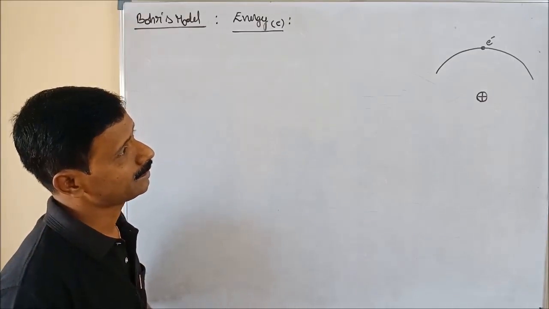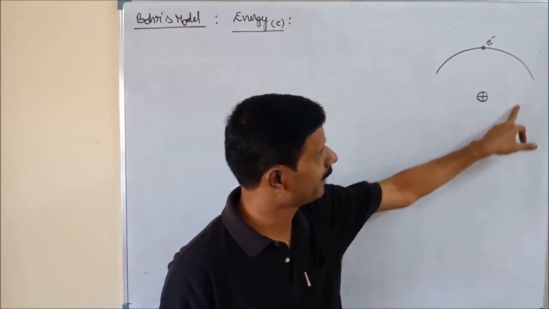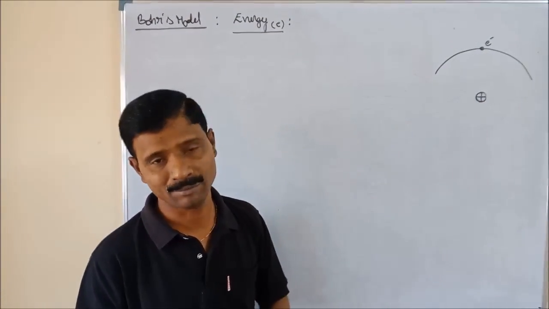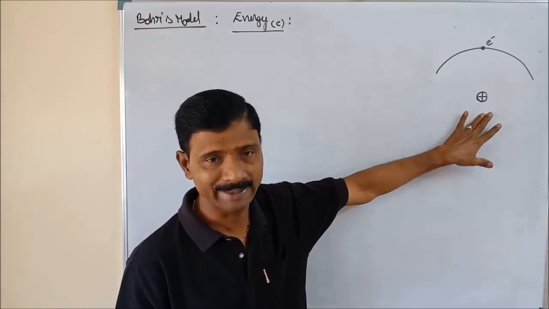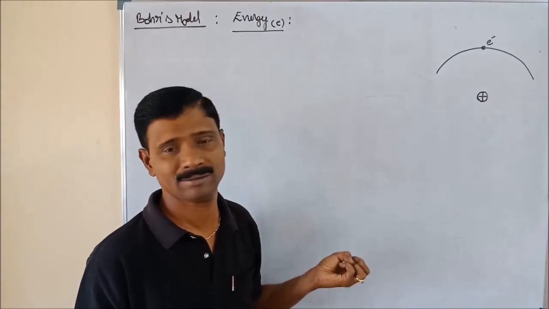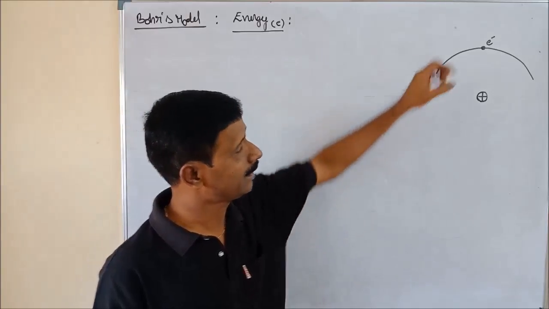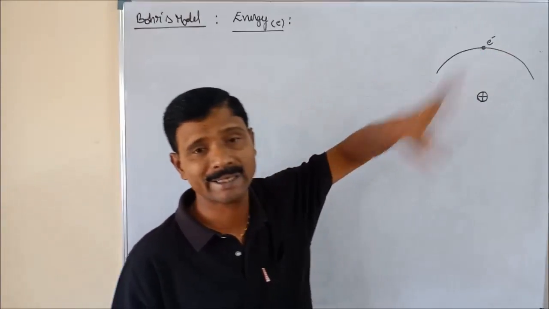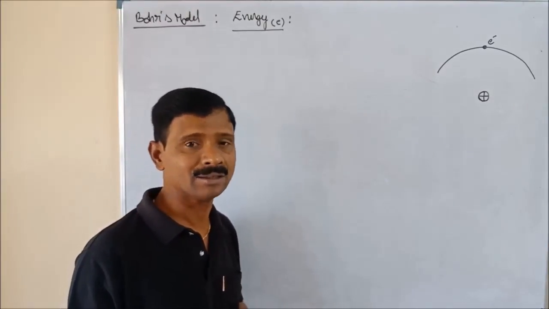For that, if you see this diagram, the electron is revolving in a circular orbit under the influence of the positively charged nucleus. Since the nucleus is attracting that electron towards its center, to overcome that force of attraction, the electron has to exhibit energy.